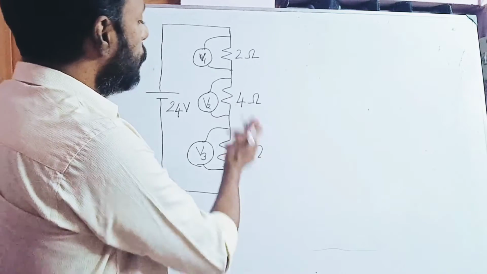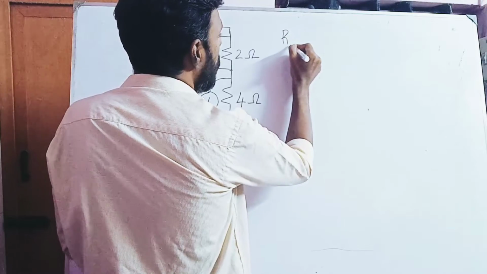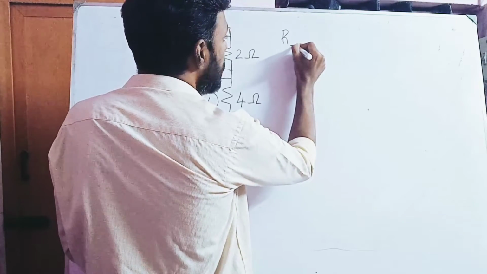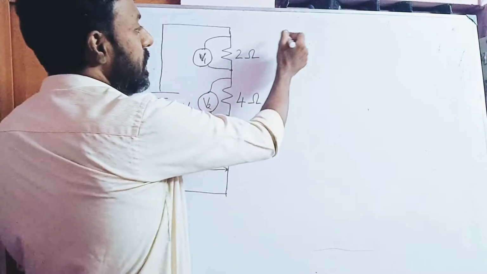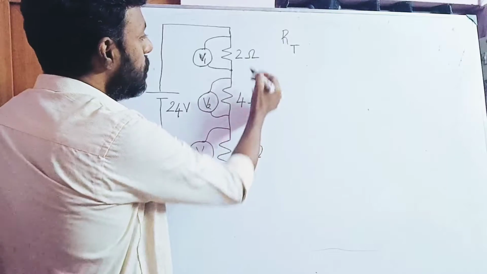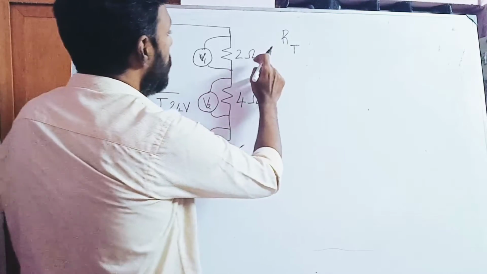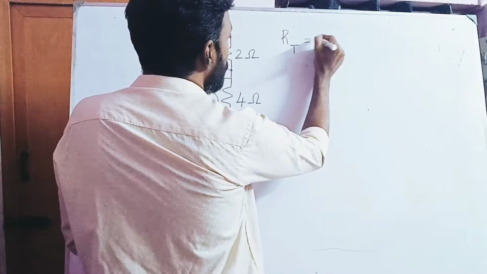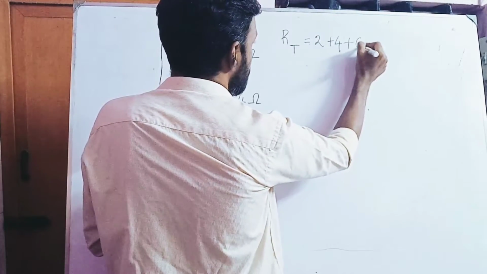For that, the first thing we need to find is the total resistance. I'm denoting the total resistance as RT. RT is nothing but R1 plus R2 plus R3, so RT will be 2 plus 4 plus 6.